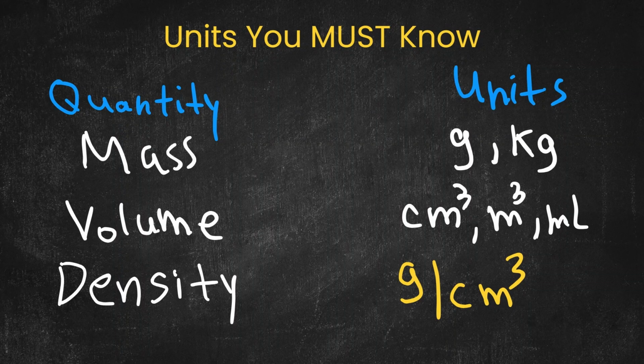And now, you must always remember that 1 milliliter is equal to 1 cubic centimeter. This is very useful. Don't get tricked. And for density, a final unit example: if we're working with grams and cubic centimeters, you will get a final unit of grams per cubic centimeter.